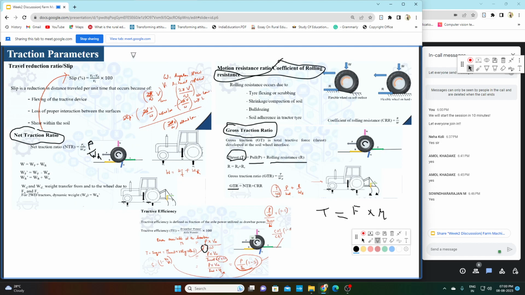Now you can see from this equation, your S equals 1 minus Va by Vt. So Va by Vt equals 1 minus S. If we replace this Va by Vt with 1 minus S, your tractive efficiency will be equal to pull by your thrust force into 1 minus your slip. So this is the tractive efficiency formula.